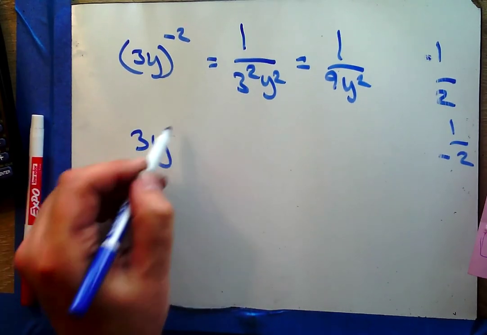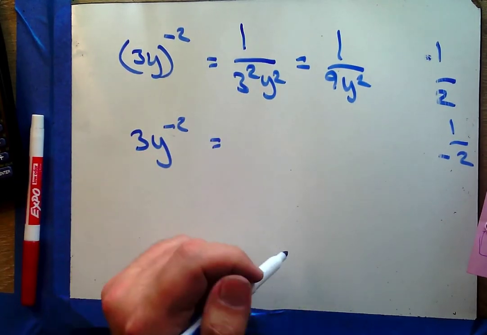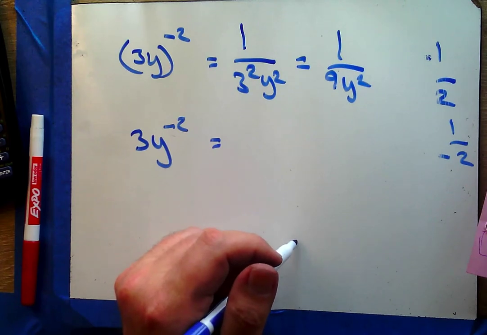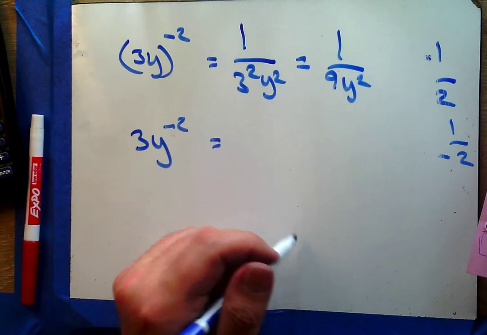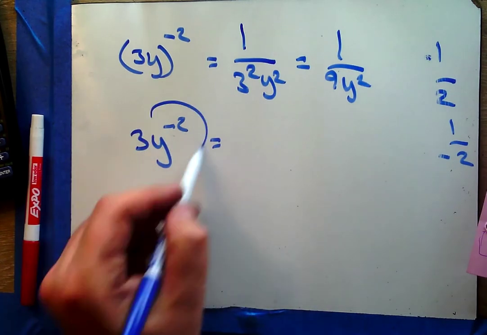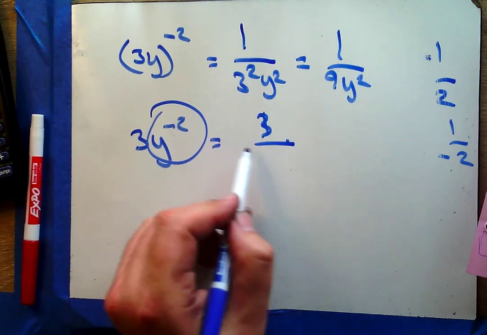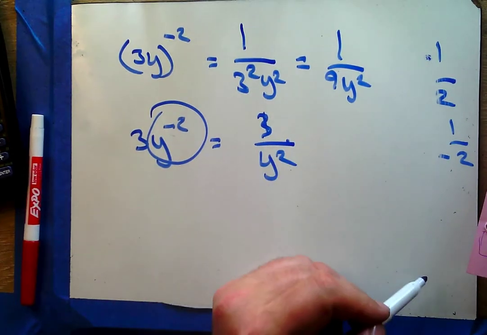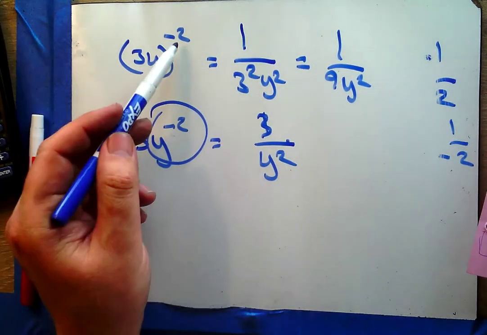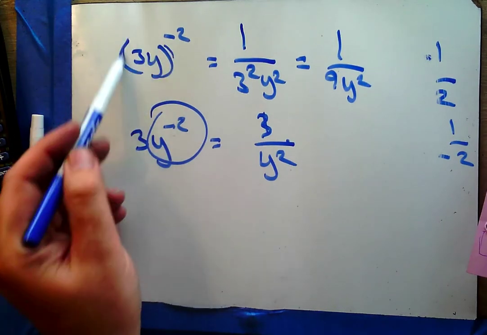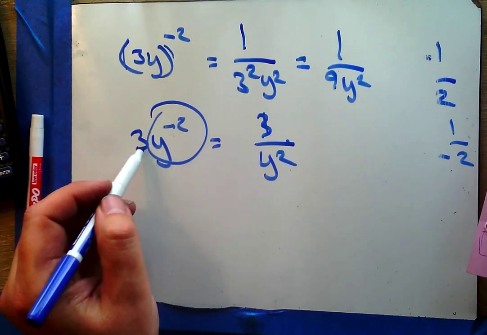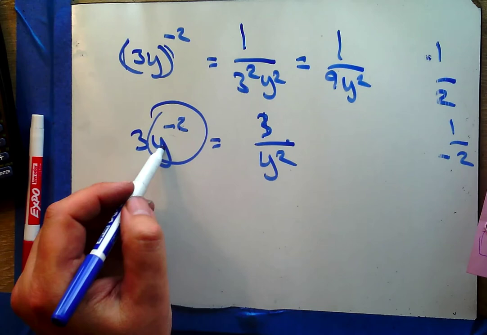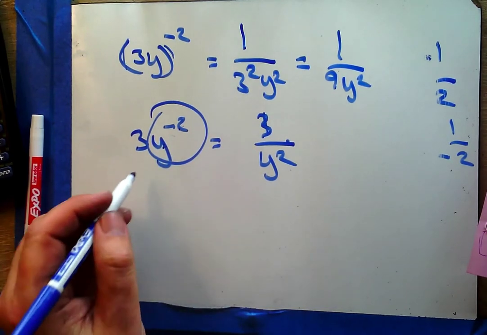How is that different from this one? 5, 4, 3, 2, 1. Well, only that moves to the bottom, is how that's different. If I want everything to get the negative 2, then I need the parentheses. If I don't have the parentheses, only the thing with the negative 2 moves to the bottom.